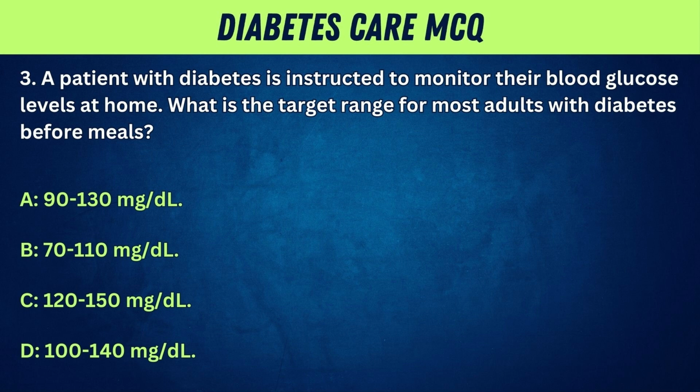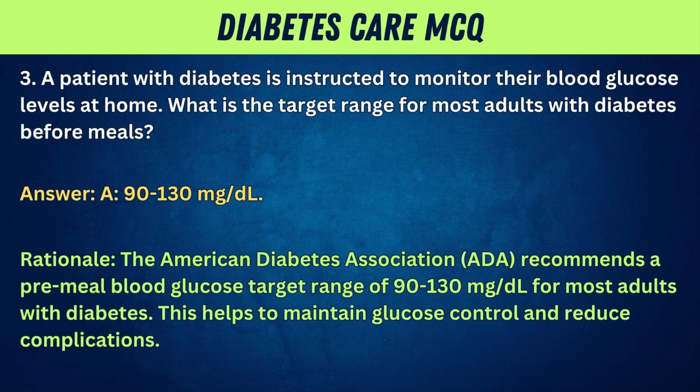D. 100 to 140 mg/dl. Answer: A. 90 to 130 mg/dl. Rationale: the American Diabetes Association, ADA, recommends a premeal blood glucose target range of 90 to 130 mg/dl for most adults with diabetes. This helps to maintain glucose control and reduce complications.